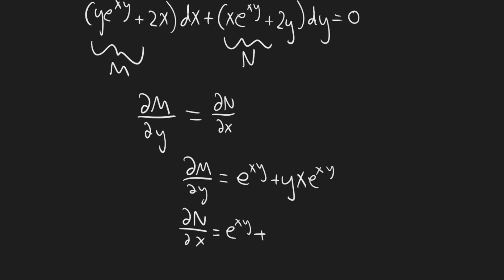So derivative of e to the xy with respect to x, we always just write e to the xy, but we know that's going to be multiplied by y, so y e to the xy. Okay, so yeah, we have made sure that they're the exact same thing, and so nice, they're equal, so these are exact.